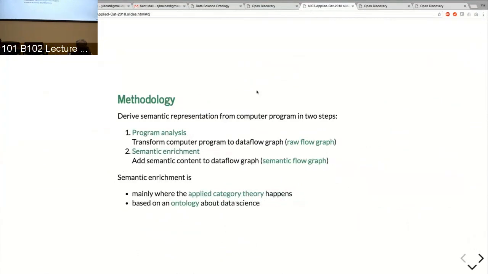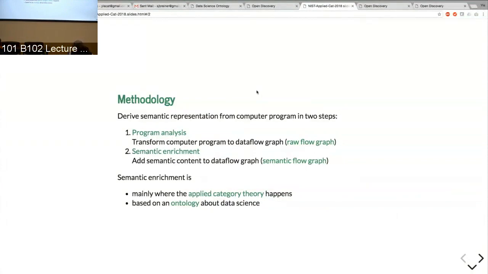So now let me say a very little bit about how we do this. At the highest level, our process for creating a semantic representation has two steps. In the first step, we use techniques from computer program analysis to extract from the execution of the program a data flow graph that we call the raw flow graph.